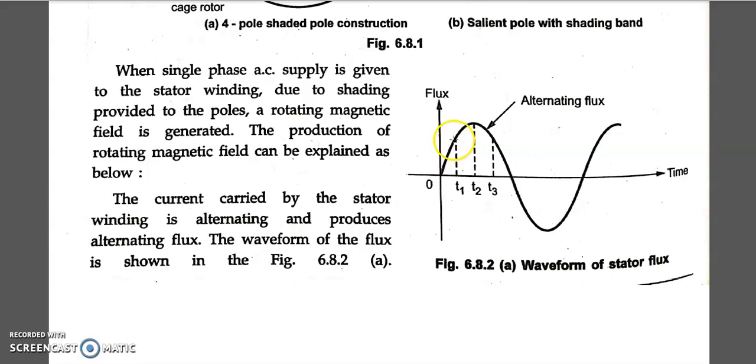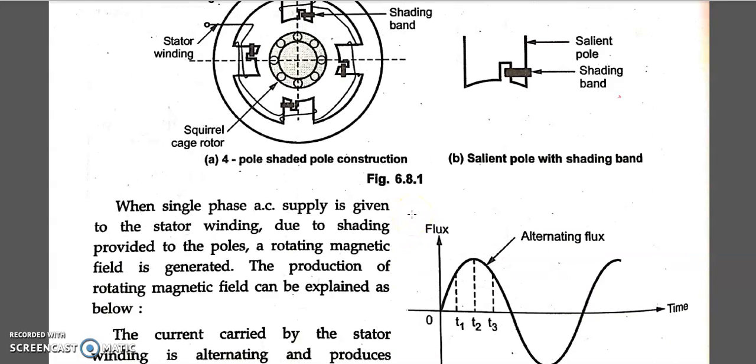Another part, flux will increase. That creates an imbalance, and from this part to this part it opposes the decrease, means it is trying to help increase the flux. So at the particular shading band, flux will increase, and this particular part flux will increase. Again, due to this unbalance is created, and this makes your motor rotate in a clockwise or anti-clockwise direction.